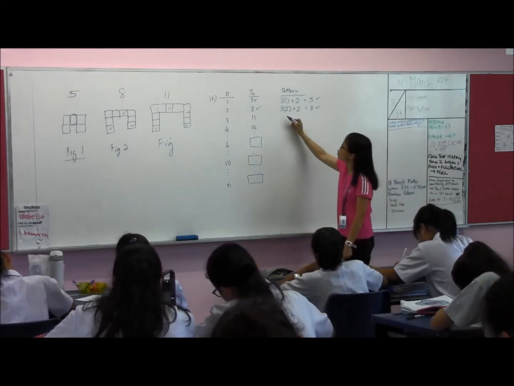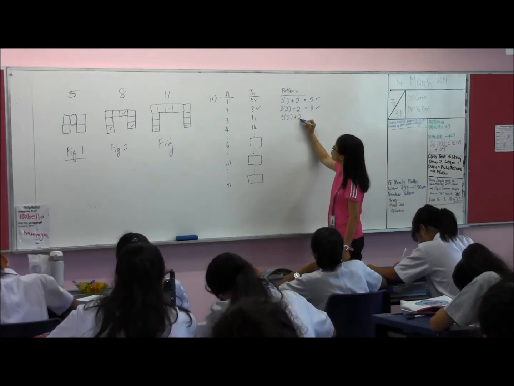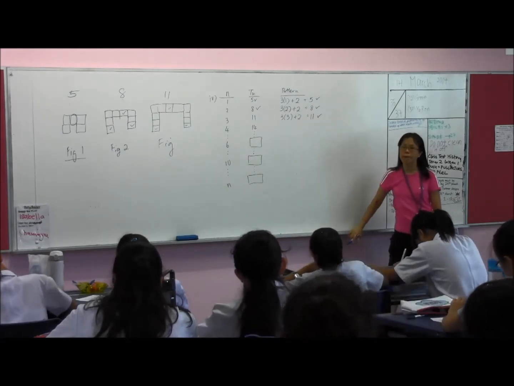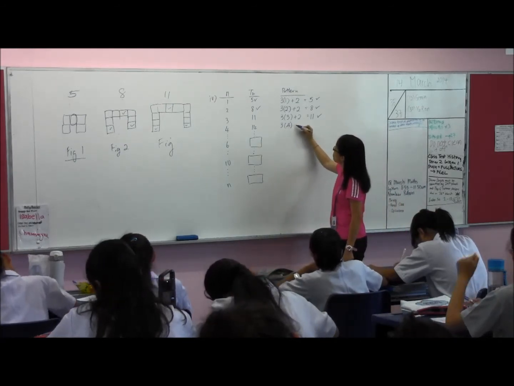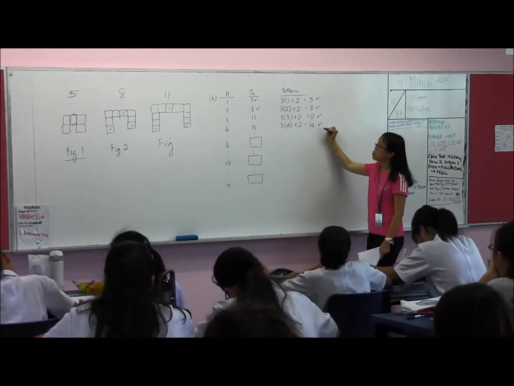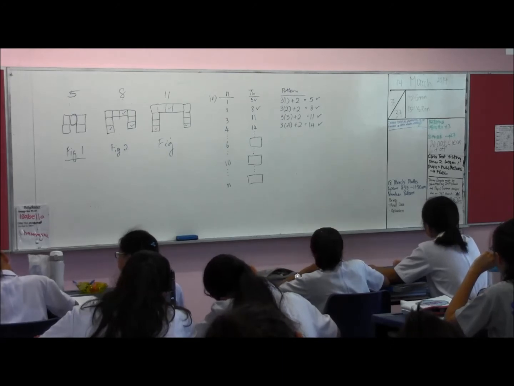Then the next one, let's check. 3 times 3 is 9. 9 plus 2, 11. Okay, correct. Then the next pattern, 3 times 4 is 12, plus 2 is 14.